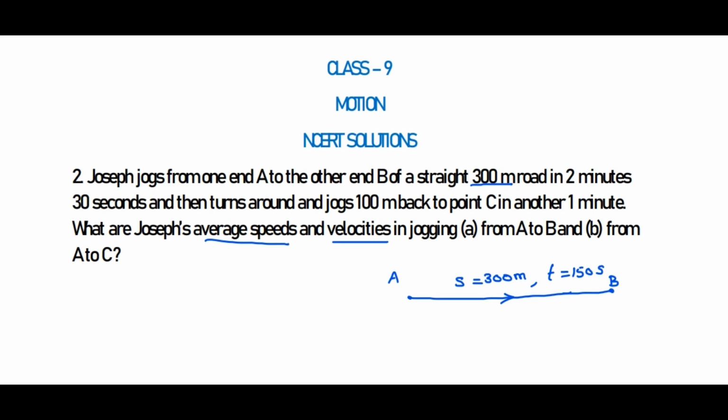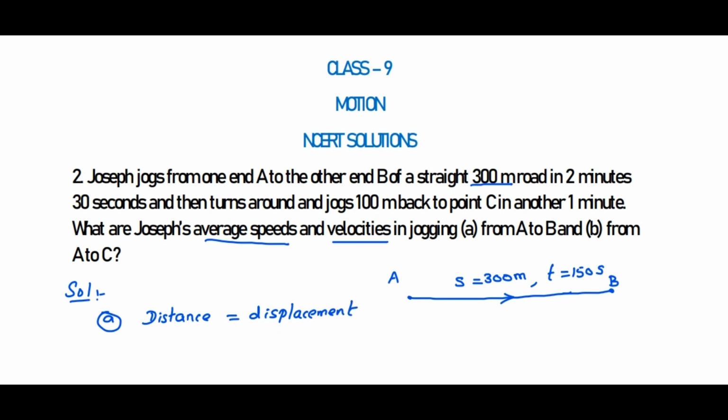Now coming to first sub-question A. What is the average speed and average velocity from A to B? In this case, distance value is equal to displacement value.